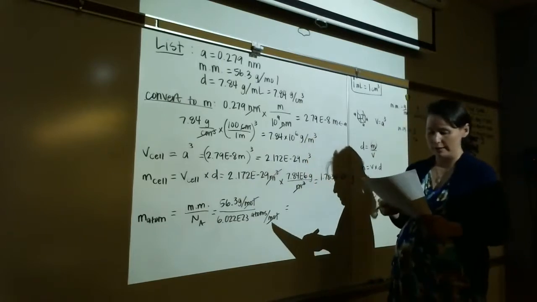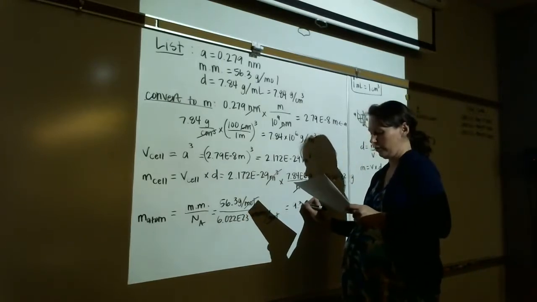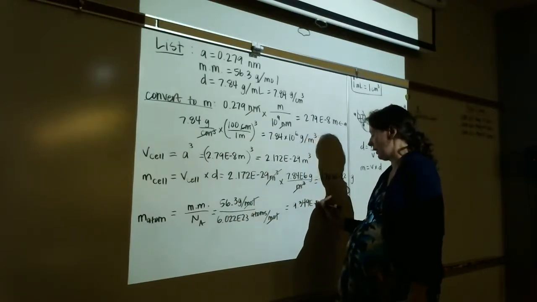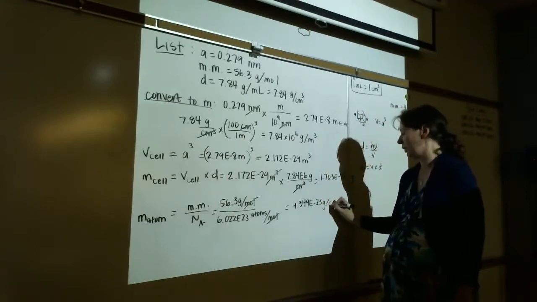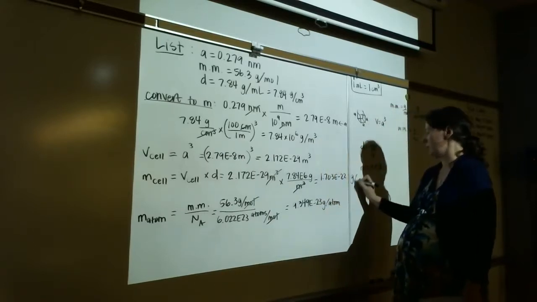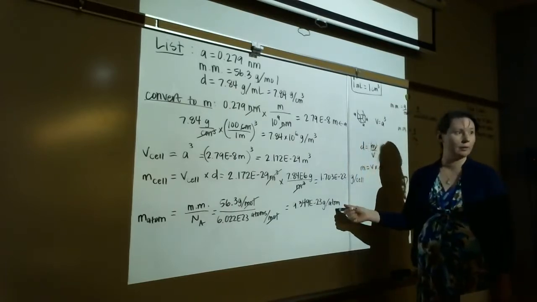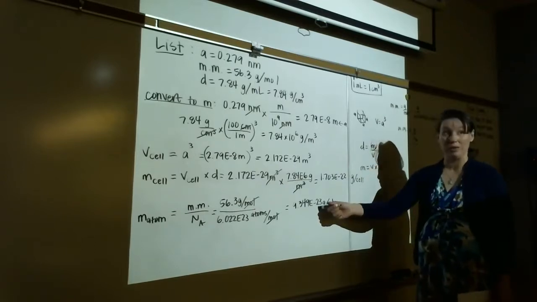So when I do that, I get 9.349 times 10 to the negative 23rd grams per atom. And this is grams per cell here. Is that a reasonable mass for an atom? Yes, that's a reasonable mass for an atom, right? 10 to the negative 23rd.